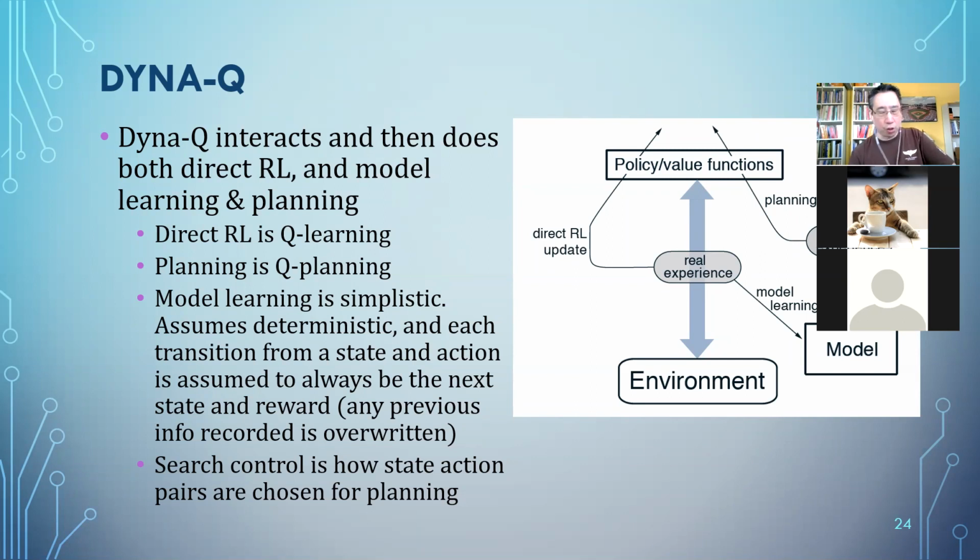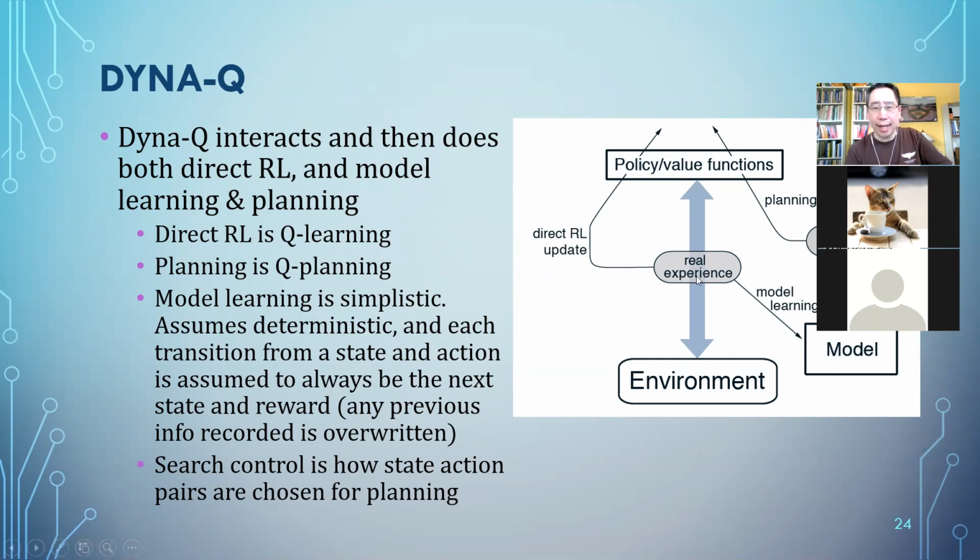So each time it does it, it just overwrites and it assumes that that is the one and only value. So obviously that's not necessarily true, but over time, even if it's not true, it will flip to different values and it'll average out over time.